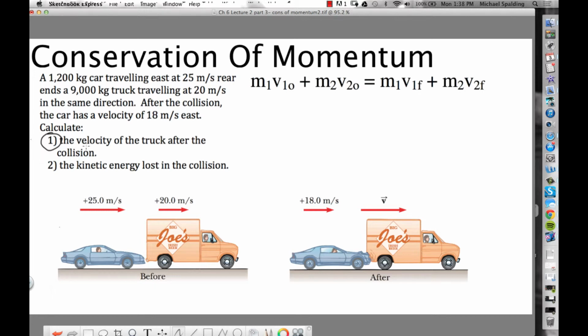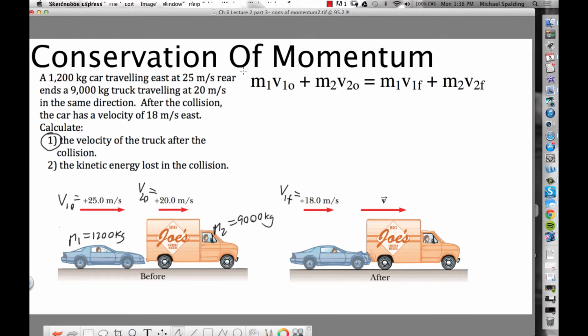So how do you solve number one? We want the velocity of the truck after this collision. Let's label everything. The car is M1, 1,200 kilograms. The truck is M2, 9,000 kilograms. This 25 is V1 initial, this 20 is V2 initial, and the 18 is V1 final.